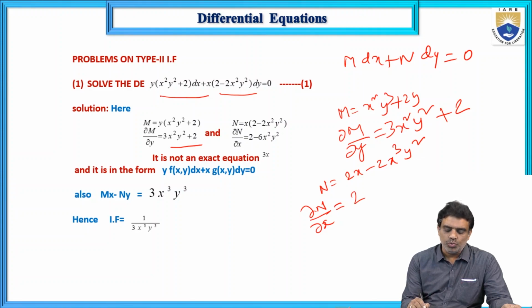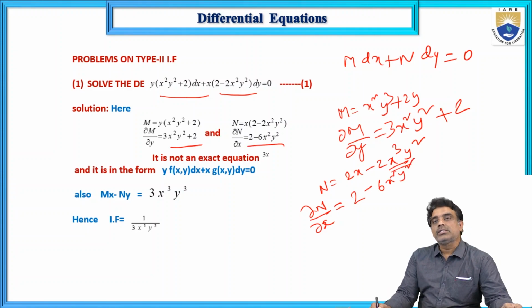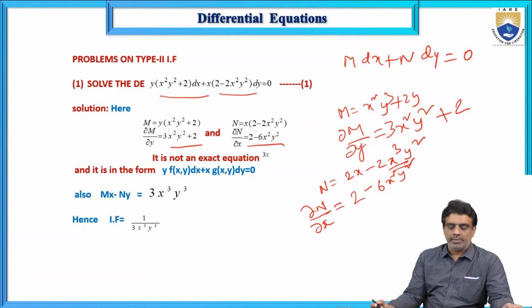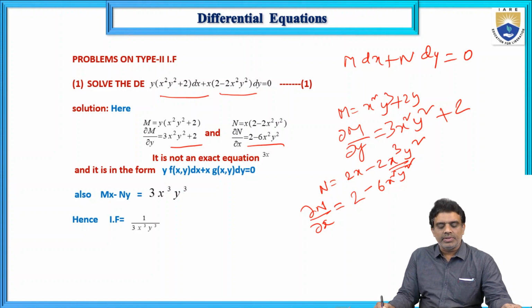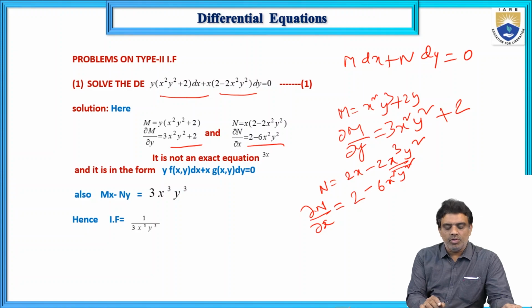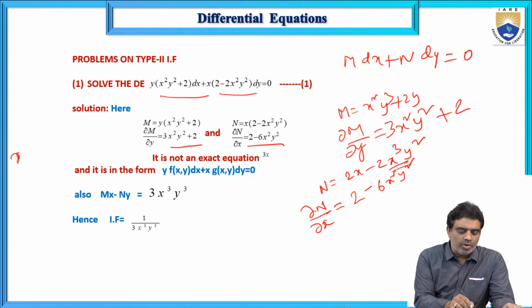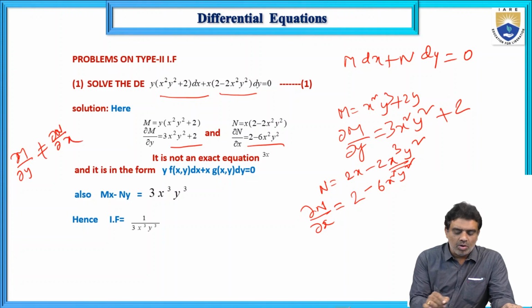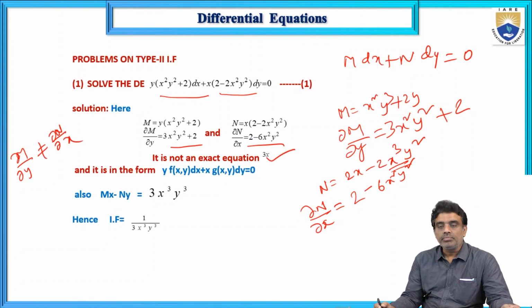The derivative of 2x is 2, minus, differentiating partially with respect to x, 3 twos are 6, so 6x squared y squared, that is 2 minus 6x squared y squared. Clearly you can observe that dou M by dou y and dou N by dou x are not the same. That means dou M by dou y is not equal to dou N by dou x, so the condition of exactness fails. So this is not an exact equation.